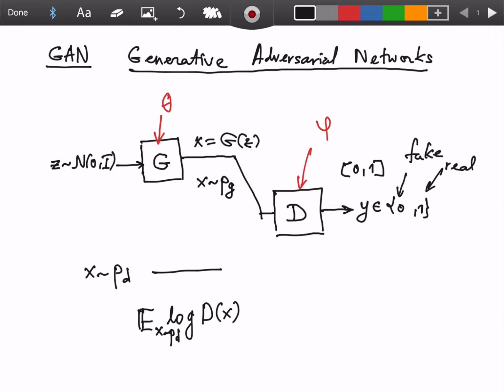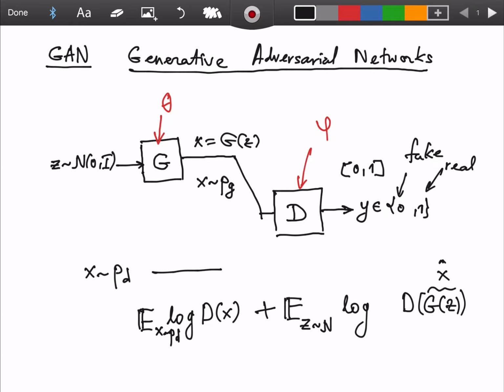Now, on fake data, let's take the fake data. It is generated by injecting this random noise, right? It will be log, I'm leaving some space here, d(g(z)). So this is the fake x, right? Let's call it x hat. It's the generated x, right?